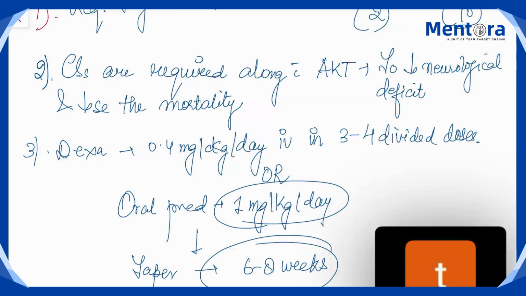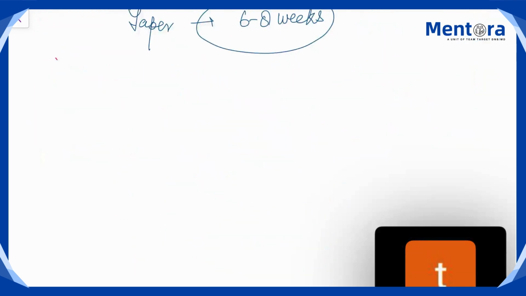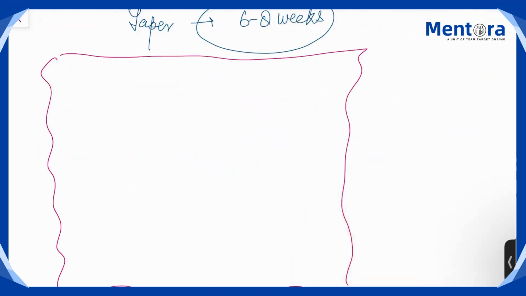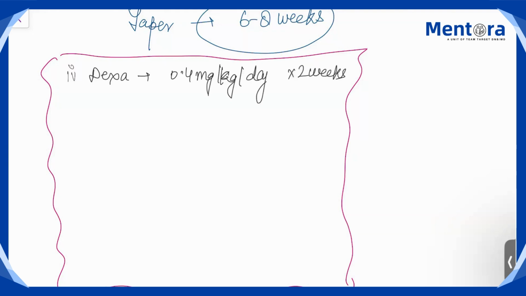Okay, what ideally we follow is the dexamethasone protocol. And what is the dexamethasone protocol? What we follow in our practice is we start with IV dexamethasone, 0.4 milligram per kg per day for 2 weeks, followed by, now if in the next 2 weeks the patient has been discharged, you can immediately switch this to oral dexa also.